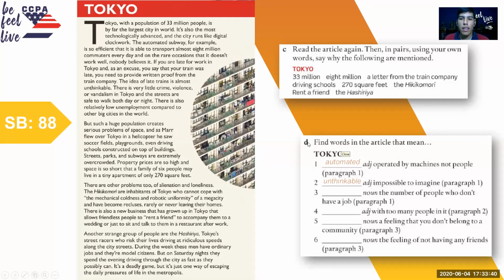Also, Fair Irala said that through the chat. Then we have 4, with too many people in it. Too many people in it, and it's an adjective. It's in paragraph 1 as well.